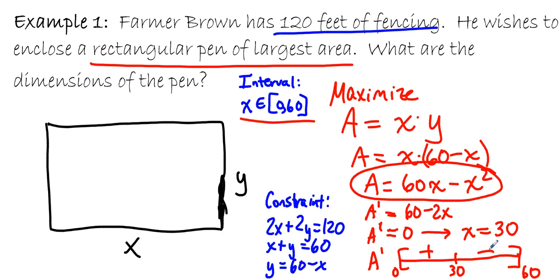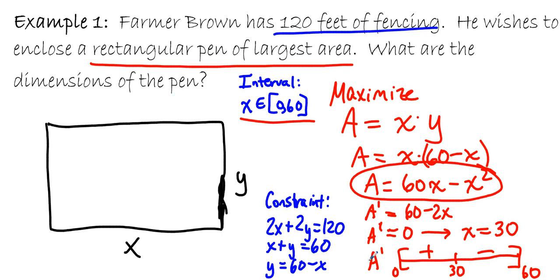So let's see what happened. Well, A prime changes from positive to negative at x equals 30. The first derivative test tells me if A prime changes from positive to negative, then A changes from increasing to decreasing. That's a max. So let's answer the question. Question is, what are the dimensions of the pen of largest area?